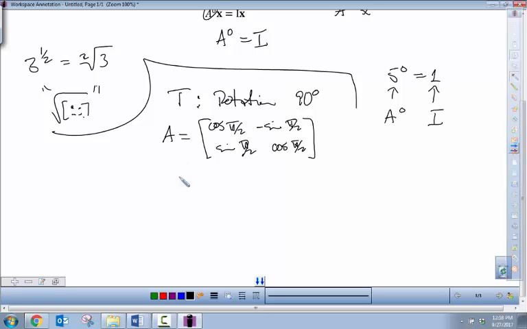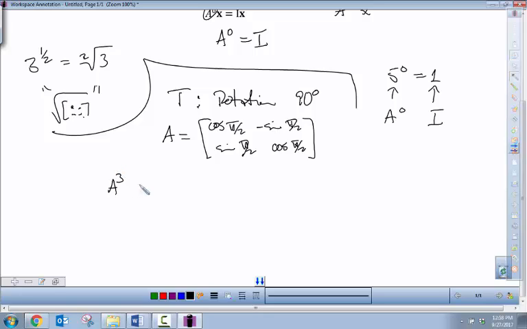If we do 3 rotations, that would be equivalent to A raised to the 3rd power, right? So we do it one time, we do it twice, that would be a 90, and then another 90-degree rotation, that's 180, and then we do it one more time, and that's your 3rd rotation.